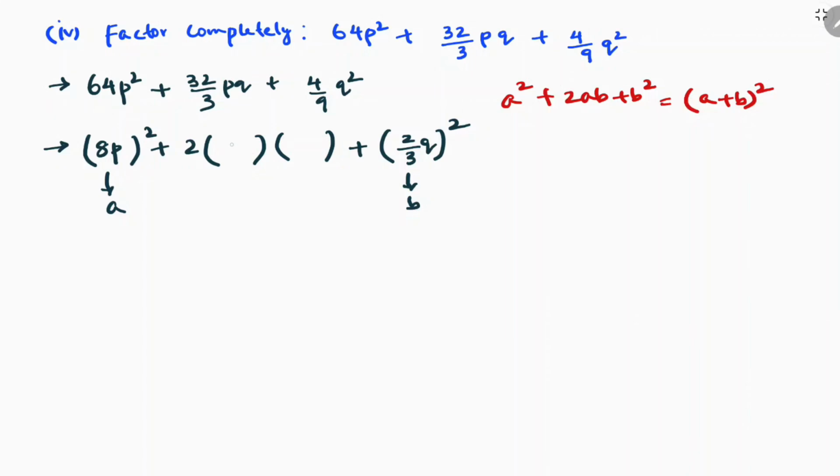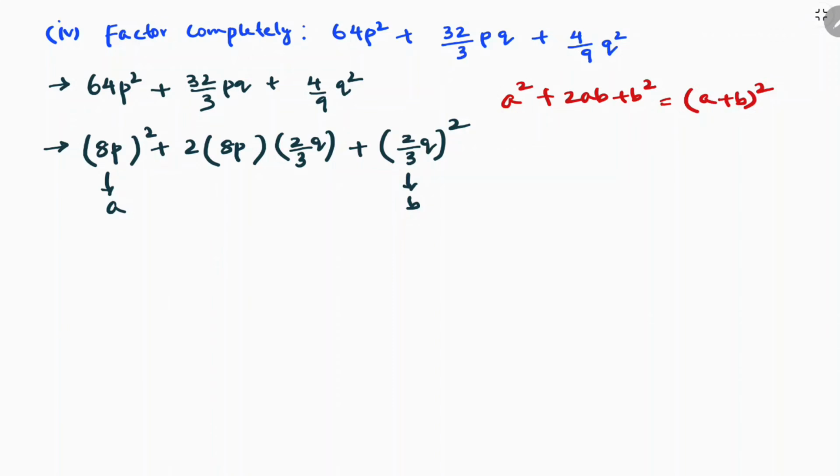So 8p into 2 by 3 q. Now we'll check whether we get 2ab or not. 2ab should fit like 32 by 3 pq. If we multiply numerators, 2 into 8 is 16, 16 into 2 is 32, pq by 3, perfect. So clearly it is in the form of a square plus 2ab plus b square.